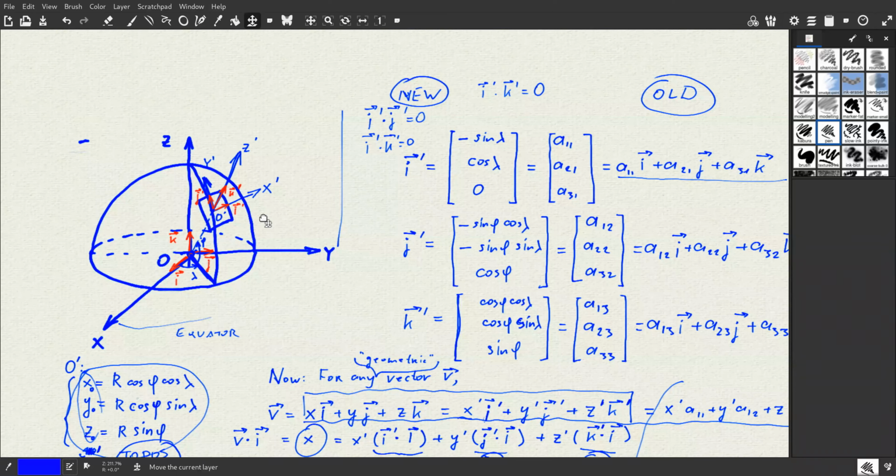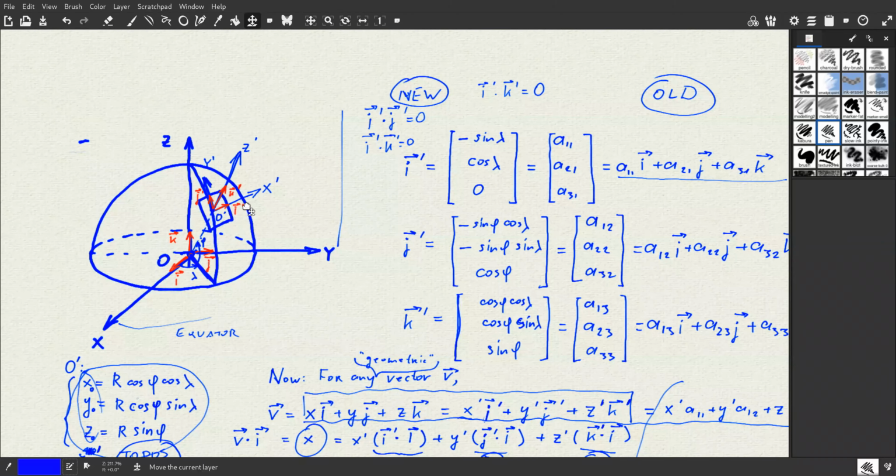But we can, in a very similar way, say, looking from the top of the vector I prime, we need to see the rotation from J prime to K prime going anti-clockwise again, and so on.